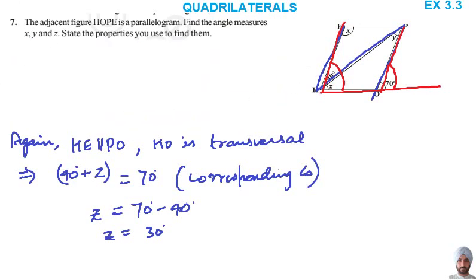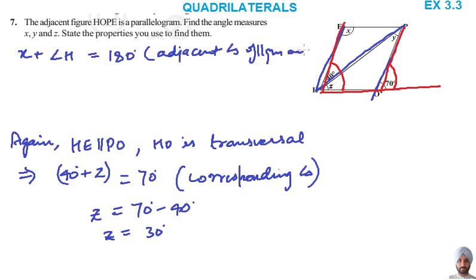Now X plus angle H, I'm writing this as angle H, is equal to 180 degree. Why? Because adjacent angles of parallelogram are supplementary. So X plus angle H, we know it is 40 plus Z, and Z was 30.